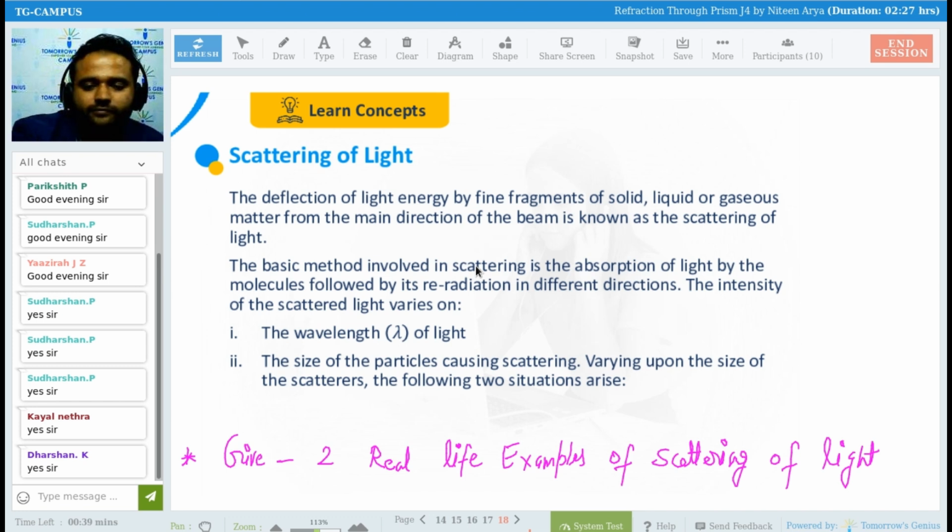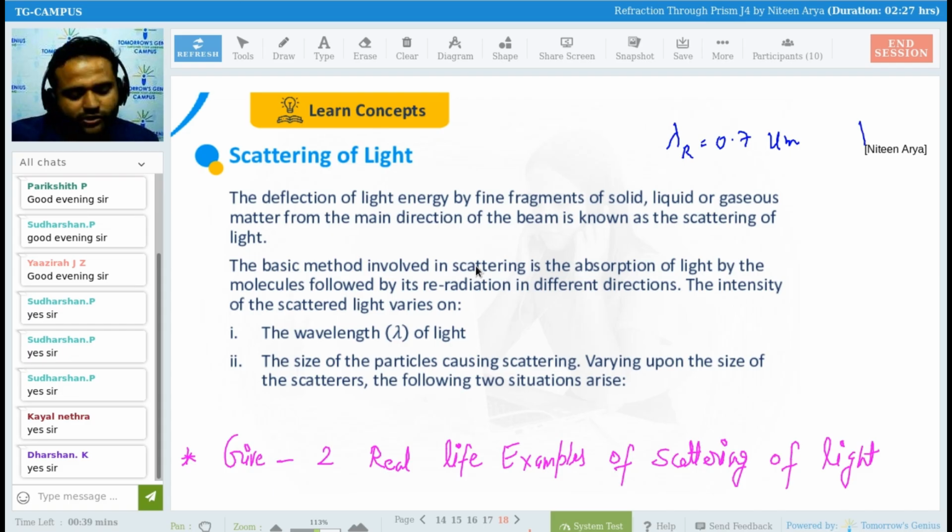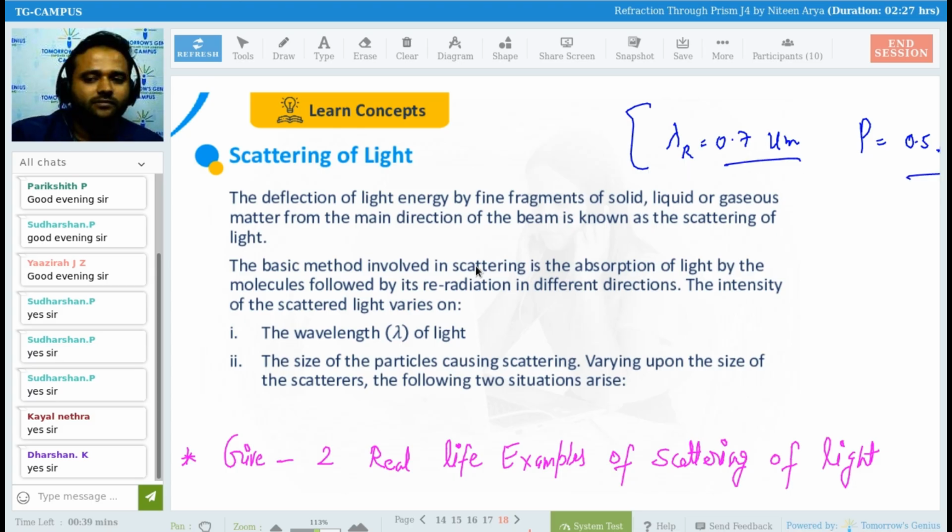Because in white light, the wavelength of red is 0.7 micrometer. So any particle of range 0.5 micrometer can interact with this, isn't it? Because the range is quite similar.